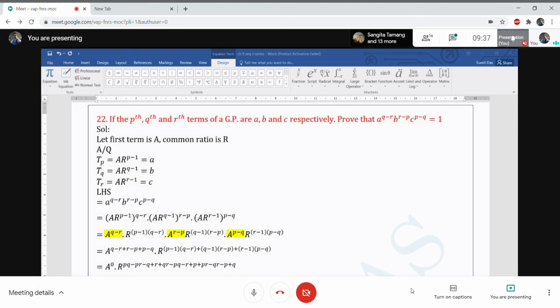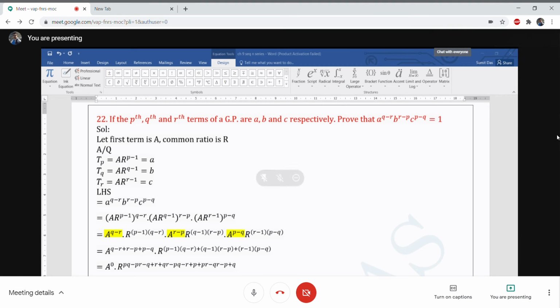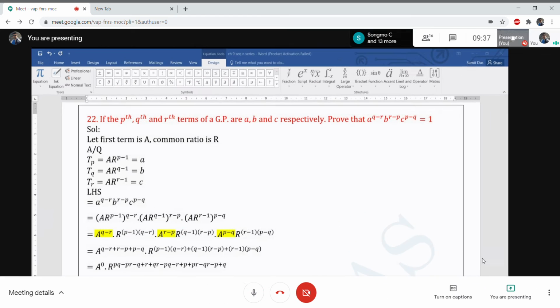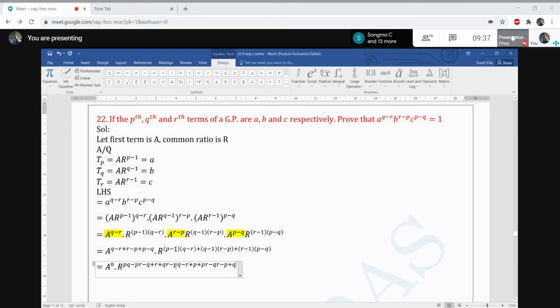You can do the multiplication by yourself when I give the notes. If you feel this is complicated, just see this multiplication and you will understand.